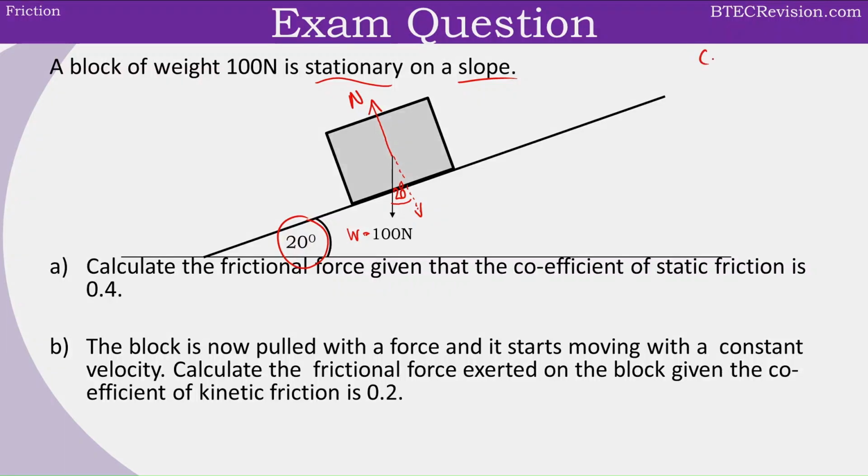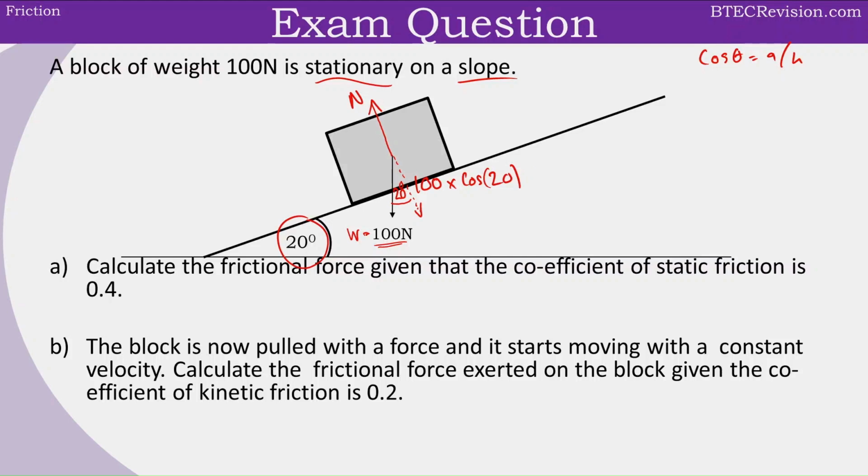Using trigonometry, SOHCAHTOA, we're going to use cos theta equals adjacent over hypotenuse. Rearranging for A would give us a value of h cos theta. We know h is the longest side, which is 100 newtons, times cos theta, which is 20 degrees.